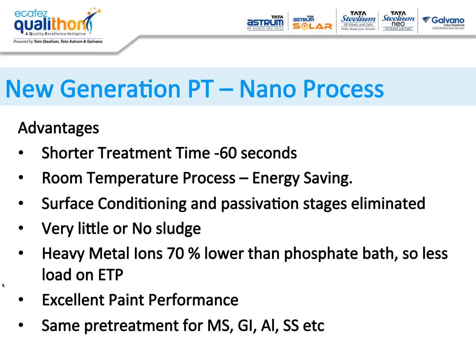Then heavy metal ions are much lower than in a phosphate bath, so there is very little load on the ETP. Paint performance is excellent, and this is a multi-metal pre-treatment. In the same baths or the same process, you can use MS, galvanized iron, aluminium, SS, etc. So these are some advantages of nano coatings.